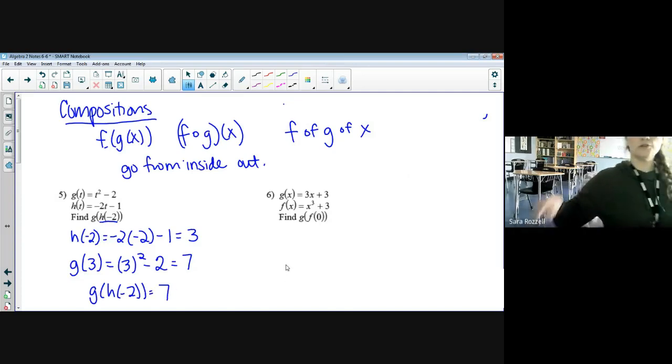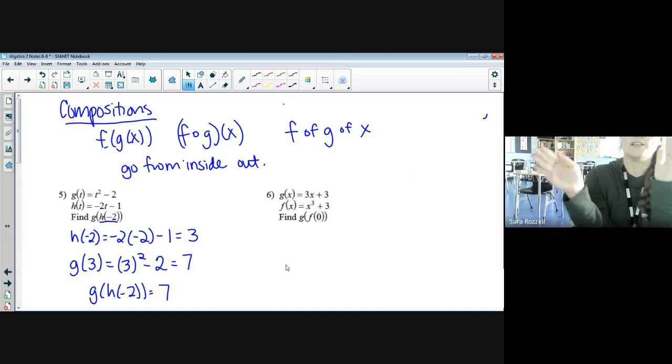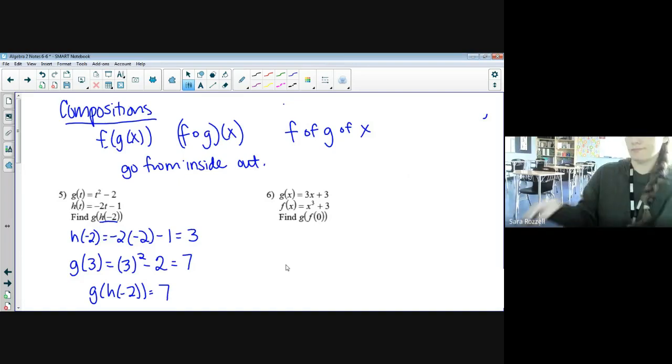It's basically just doing two evaluating problems. So you evaluate the first thing on the inside. Whatever that answer is, you use that and plug it into your second equation. So let's try another one. Make sure we're good. Our inside is f of 0, so that's what we'll evaluate first. So here's my f. I'm going to do 0 cubed plus 3.